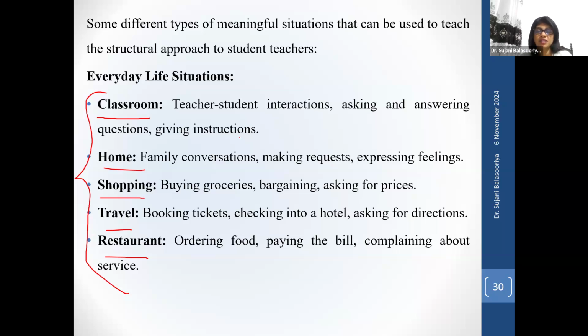Then you focus the attention of those who are learning how to teach. These everyday life situations can be used to make them understand how to use the structural approach, because in each and every situation, you find different structures, especially in relation to the speaking aspect.